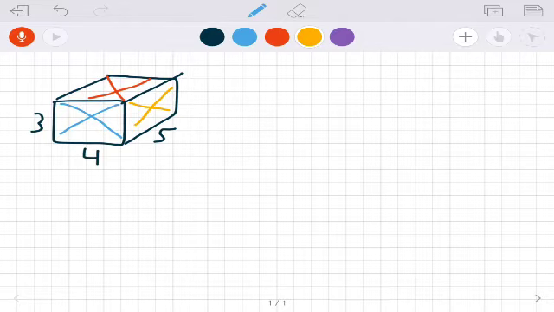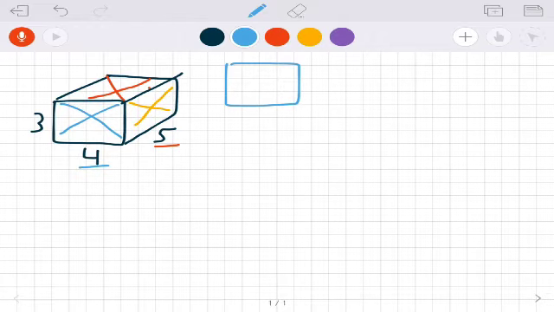Now, we can go ahead and look at this by determining, okay, well, what is the front? Well, the front is 3 by 4, so that's the front. The top, if you look here, this is 4, therefore this right here is going to be 4. And if this is 5 right here, then up here is going to be 5 as well.